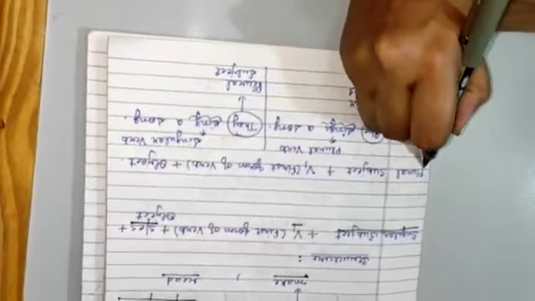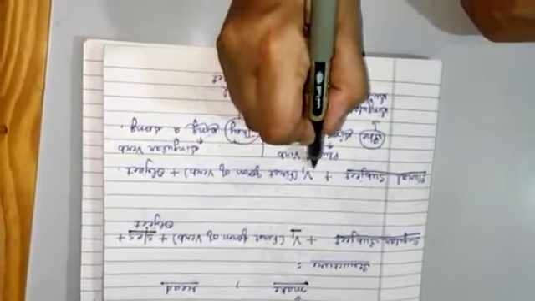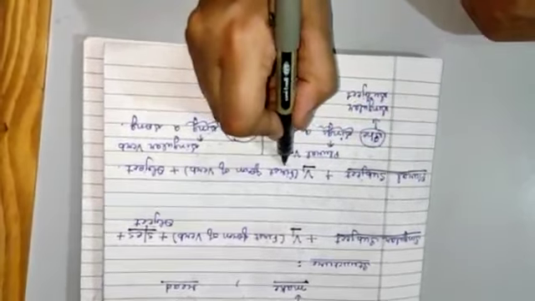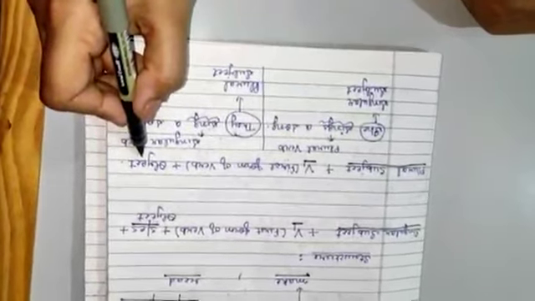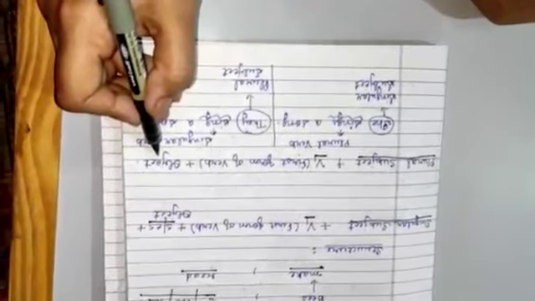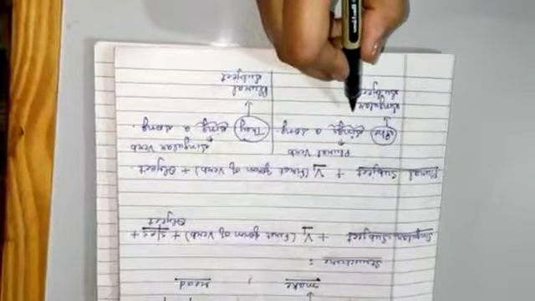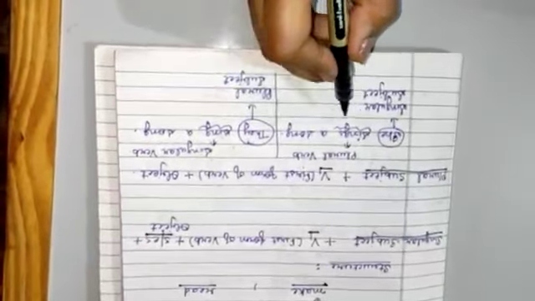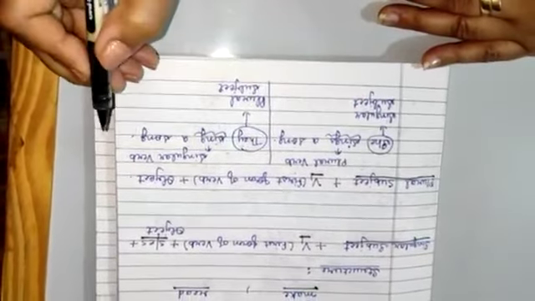And with plural subject, we use only V1, only first form of verb plus object. There will be no S or ES with the verb first form with plural subject. Let's see the difference between the plural subjects and singular subjects.